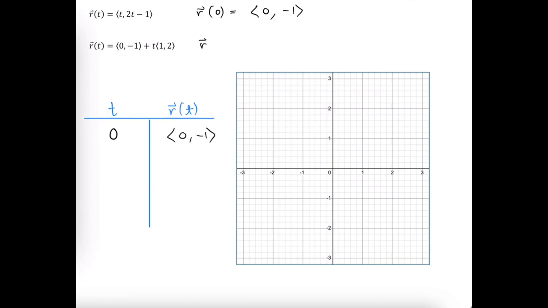Notice we would get that same ordered pair out if we were to plug our t equal to 0 value into the second equation, because t equal to 0 would be the scalar multiple of that direction vector, which of course gives me a product of 0, and we end up with the same 0, -1 output, whether we put it into the first version of our vector function or the second.